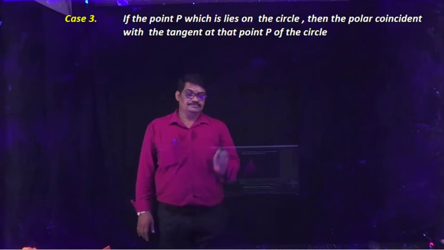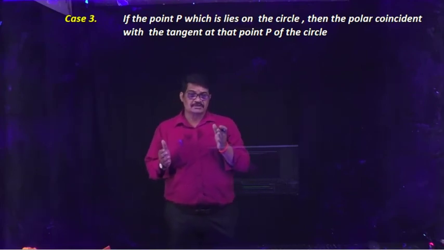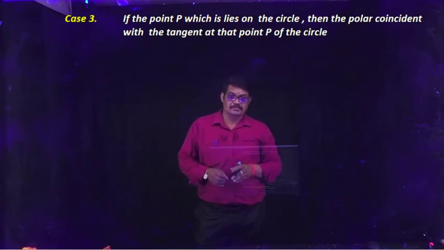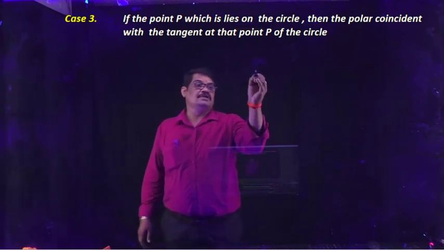See that if the point lies on the circle, then the polar coincides with the tangent at that point of the circle. This is the circle.